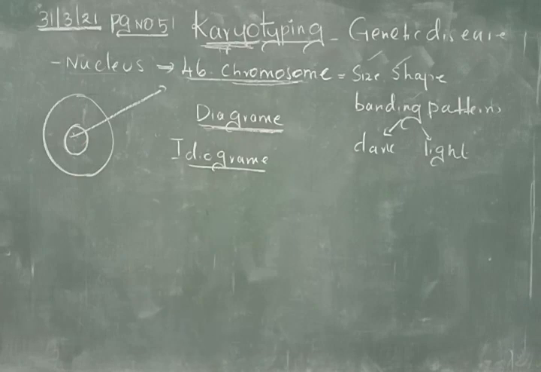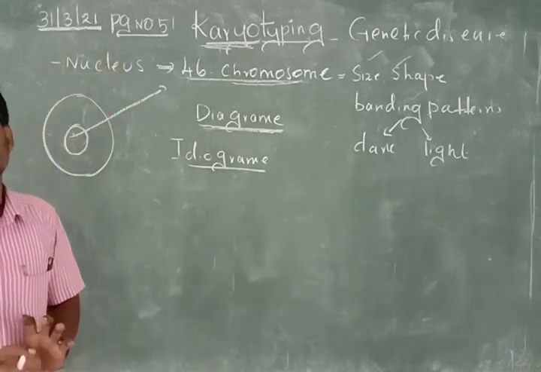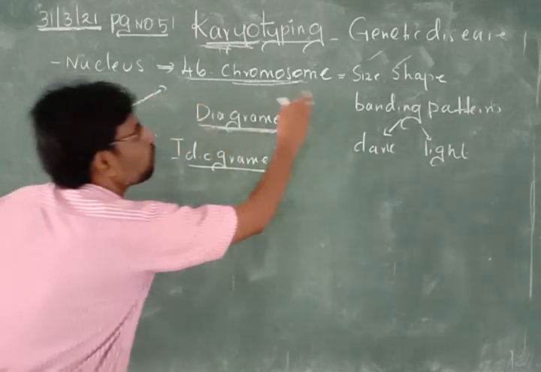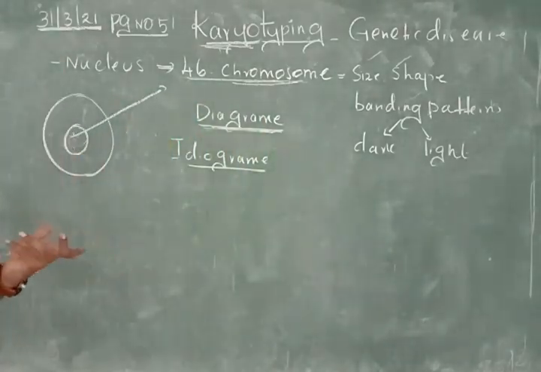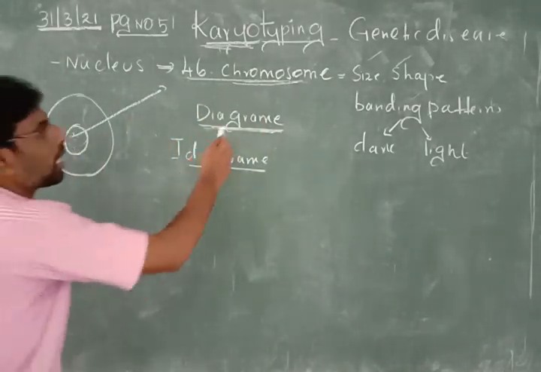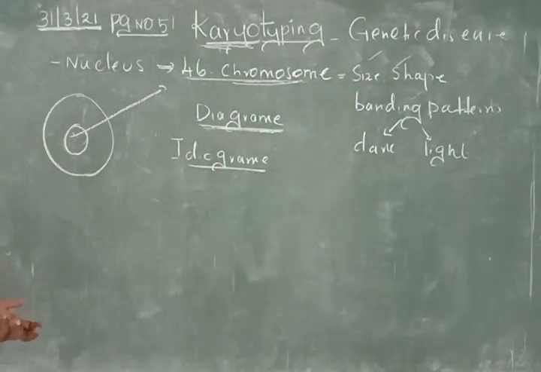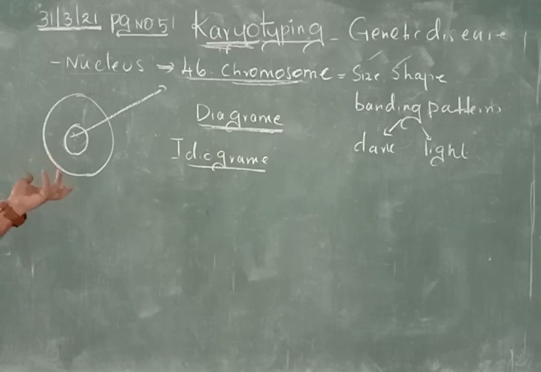That is the reason we go for karyotyping. Clear? Right. Now, how are these 46 chromosomes organized? This arrangement is always done under the microscope. Why?